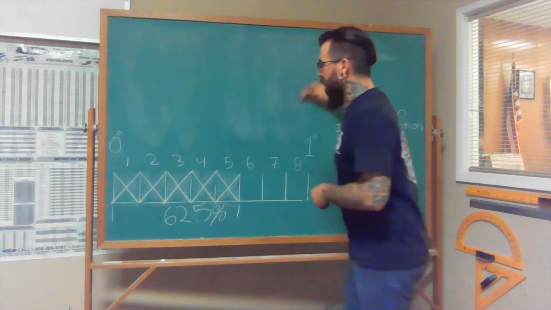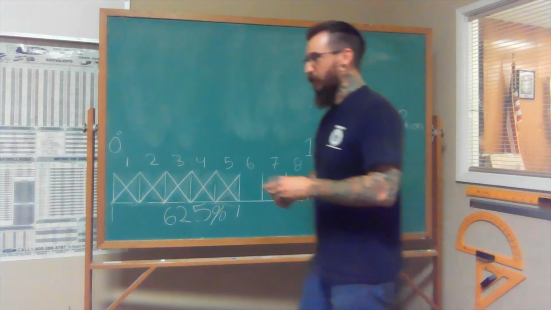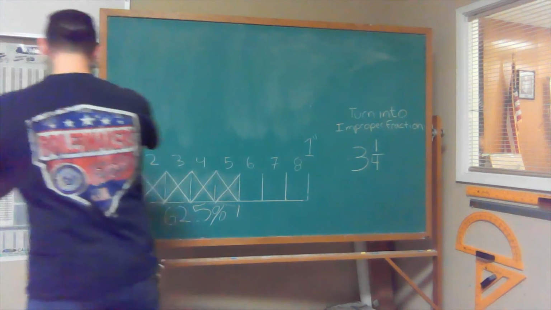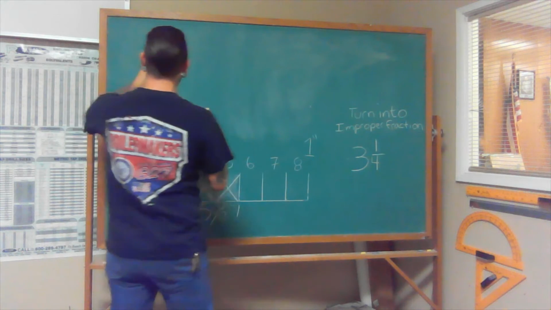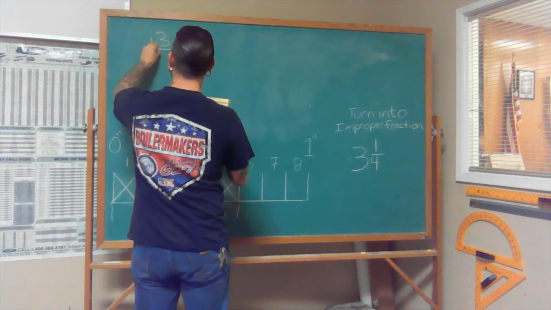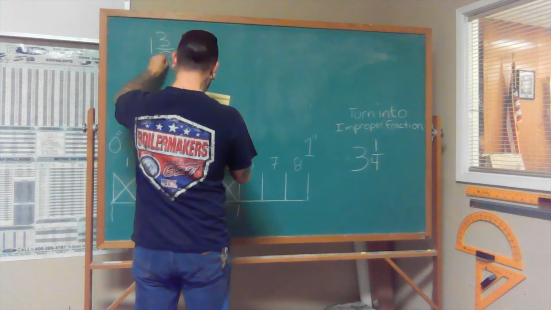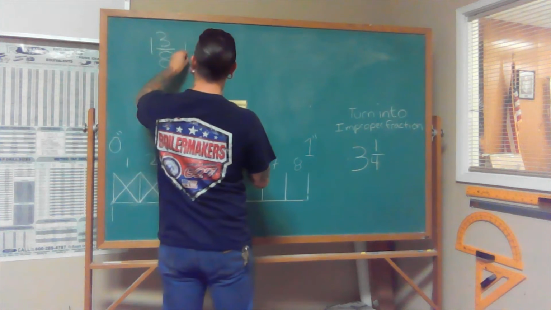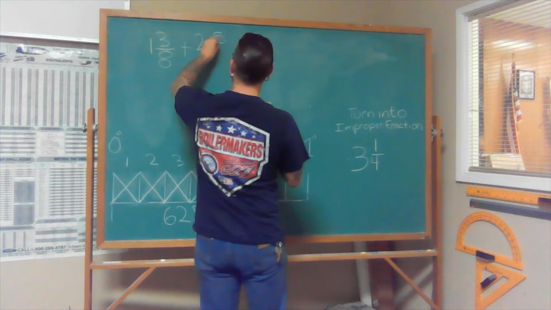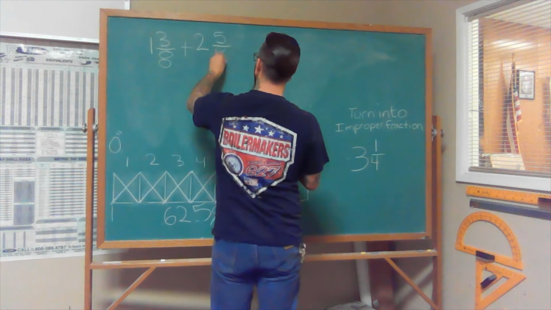All right, let's see. I had it written down here what the other problem was. So let's try to do 1 3/8 plus 2 5/16.